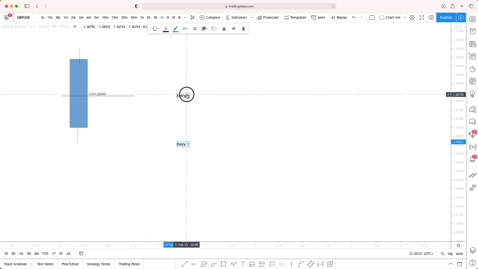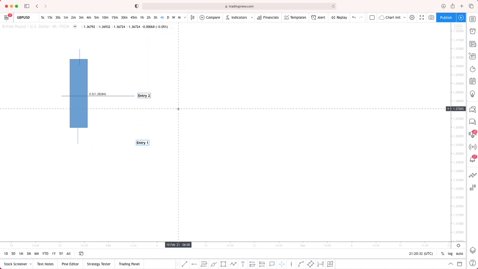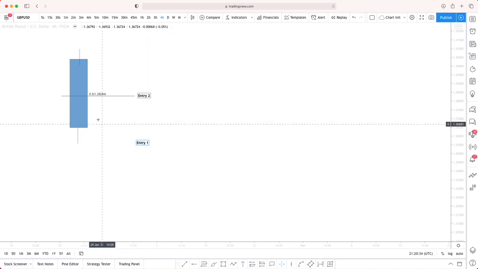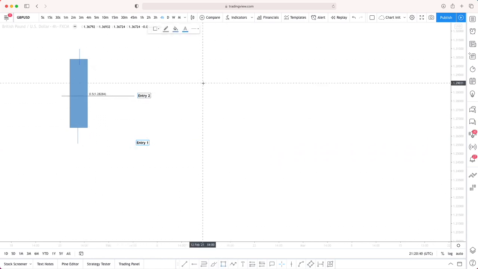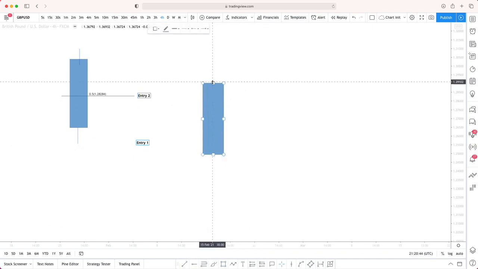You get the higher probabilities for the trade to actually trigger. That's it in terms of entries. You can either place your order here or at entry 2 at the 50%.